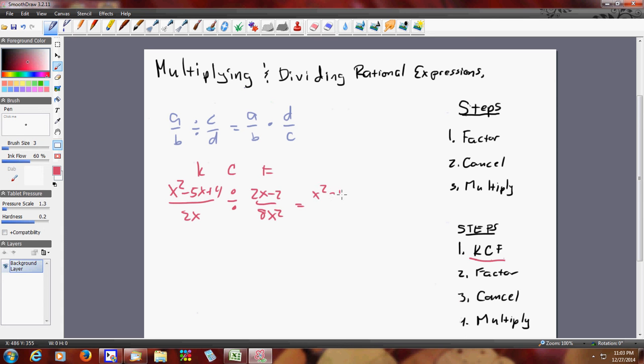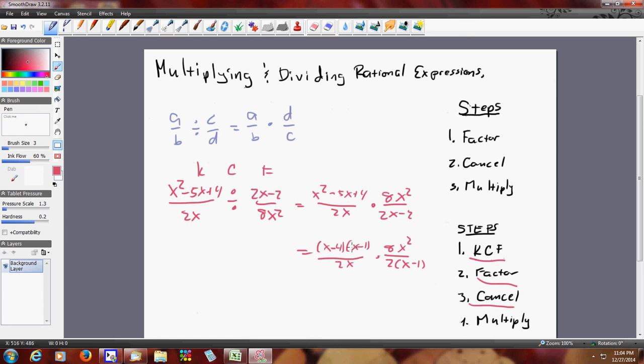So x squared minus 5x plus 4 over 2x stays the same. I change division to multiplication, and I flip my second, 8x squared over 2x minus 2. Now I factor, and I'm going to get x minus 4 and x minus 1 over 2x, times 8x squared over 2 times x minus 1.